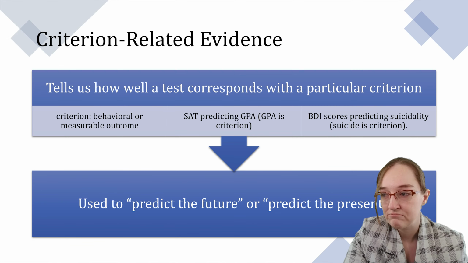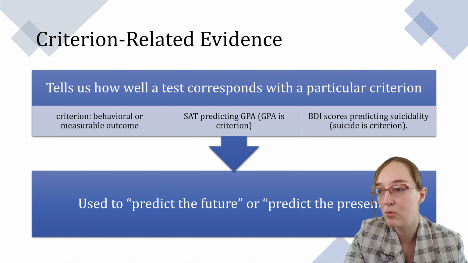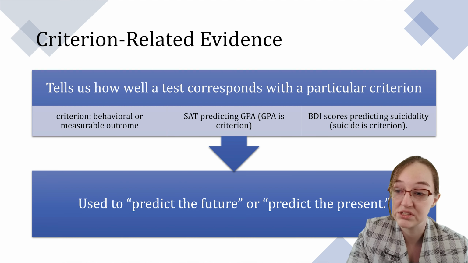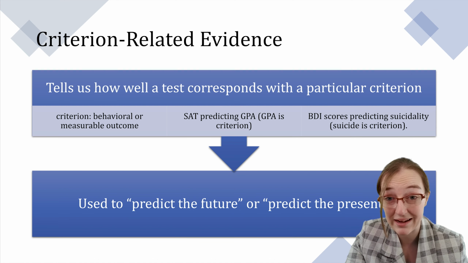So in all these cases, criterion-related evidence tells us how well a test corresponds with a particular criterion. I realize that it sounds like I'm repeating myself, but I'm going to repeat myself because this is a really important concept. And the criterion can be a behavioral outcome or a measurable outcome. It's just something that isn't the test.